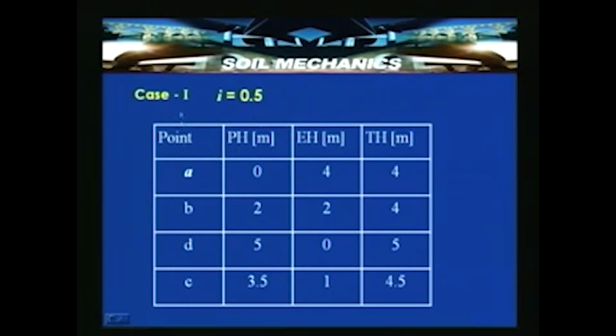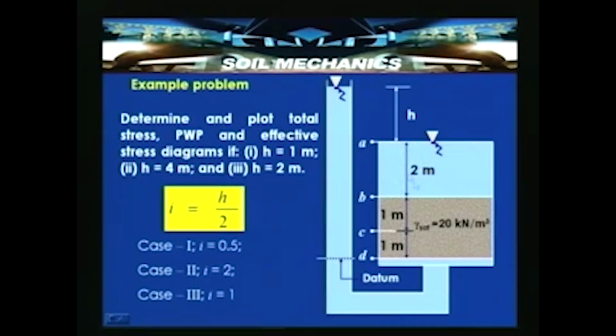Now, let us look at case 1, where i is equal to 0.5. At point A, the elevation is 4 meters, that means point A is 4 meters above the datum. So, the elevation head is 4 meters, and the pressure head is 0.